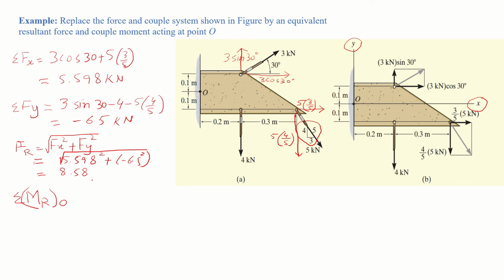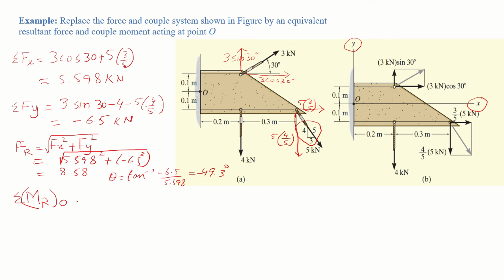We can also find the angle theta, which is equal to tan inverse of negative 6.5 divided by 5.598, which is equal to 49.3 degrees, with a negative sign.